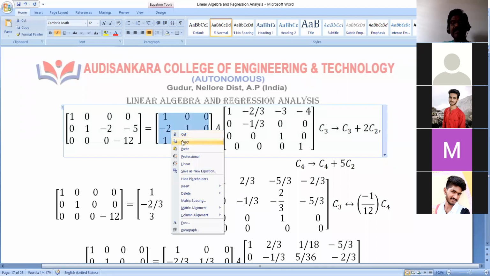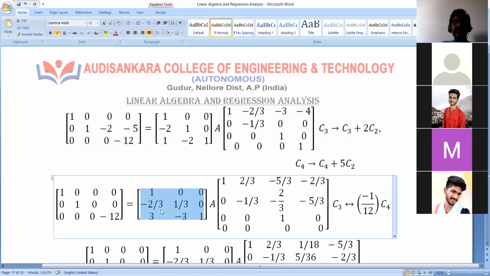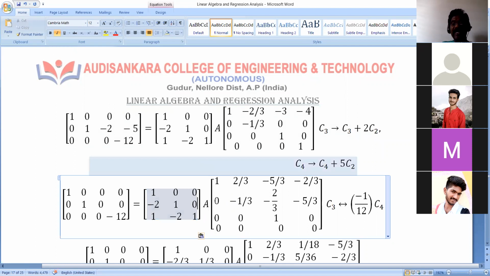Copying that matrix, because we operate column operations only. So paste that above matrix into A equal to 1 0 0 0, minus 2 by 3, minus 1 by 3, 0 0.